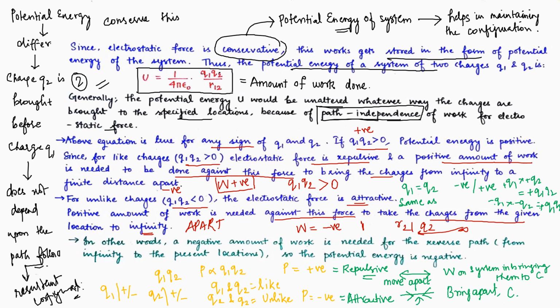So let me draw it for you to make it easier and more understandable. See, over here we have one part of a magnet. This is north and this is another part of the magnet. This is south. They are kept at a distance of r.